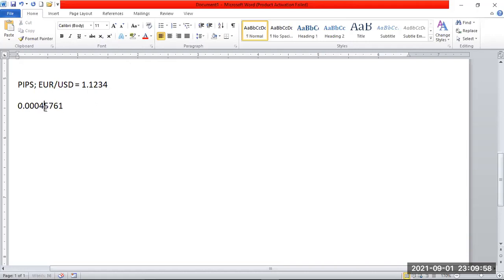So I do not have business with these other digits. If I count from my fourth decimal place, this is 1, 2, 3, and 4. So I really do not have any business with 5, 6, 7, and 1. So I'm deleting that. We need just the fourth decimal number forward. So now what is my pip? In pip now, this is equal to 4.